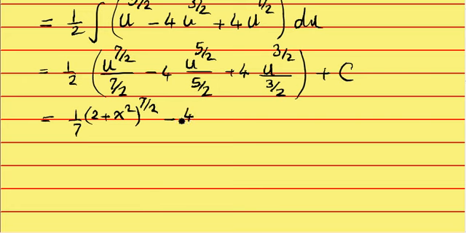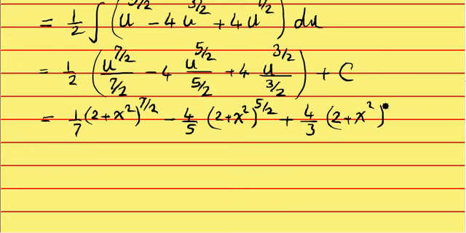There is a factor of 4/5 in front. 2 plus x squared raised to the power of 5 halves. And here I have a factor of 4/3. And my u is 2 plus x squared to the power of 3 halves, and then a constant just thrown in.